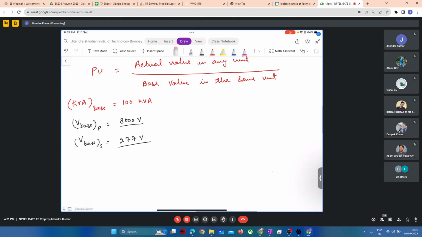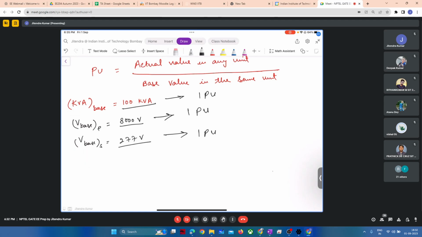So 8,000 volt as a base value for primary voltage and 277 volt as a base value for the secondary voltage will be 1 per unit. We have decided kVA base, 100 kVA, as a base value.